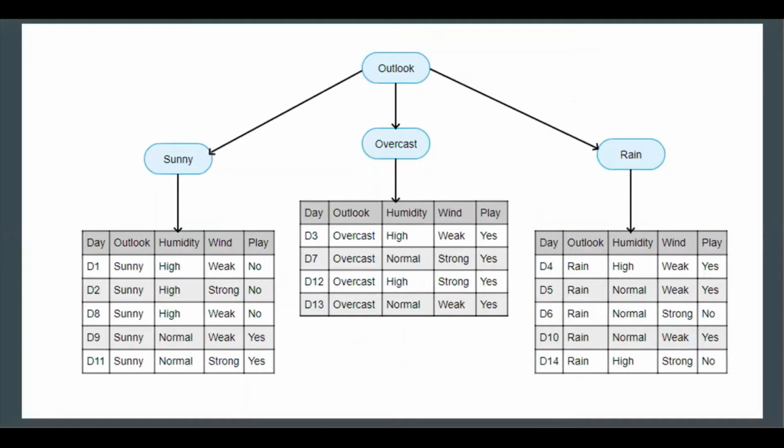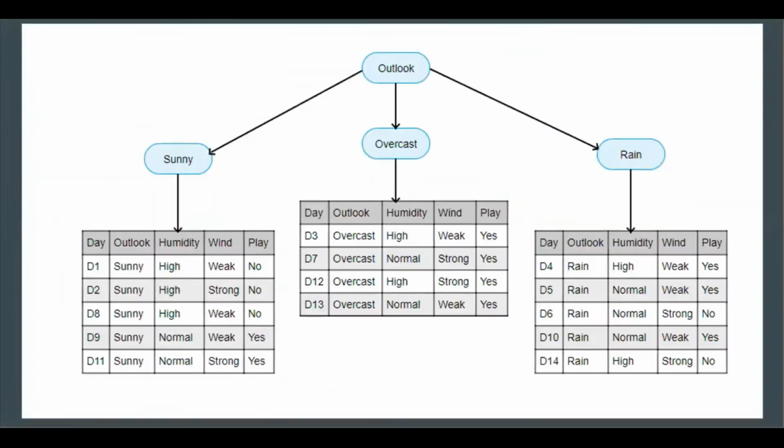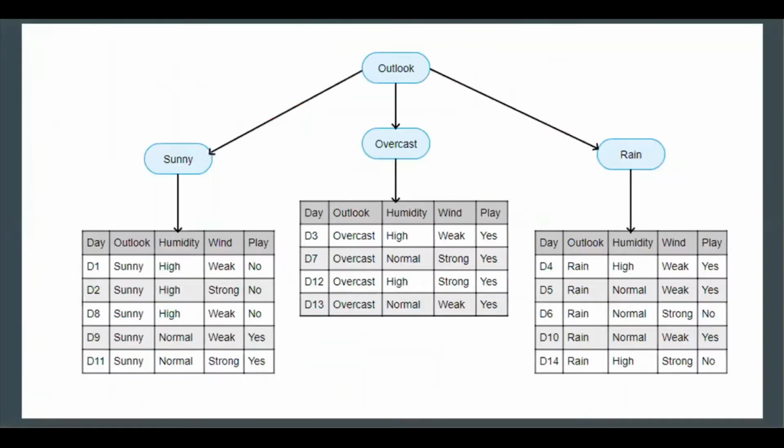What happened is our whole data set, 14 days of data, we are able to divide into 3 parts. If you check here, when we say sunny in terms of data, D1, D2, the second day, the 8th day, 9th day, 11th day, everywhere we have Sunny.